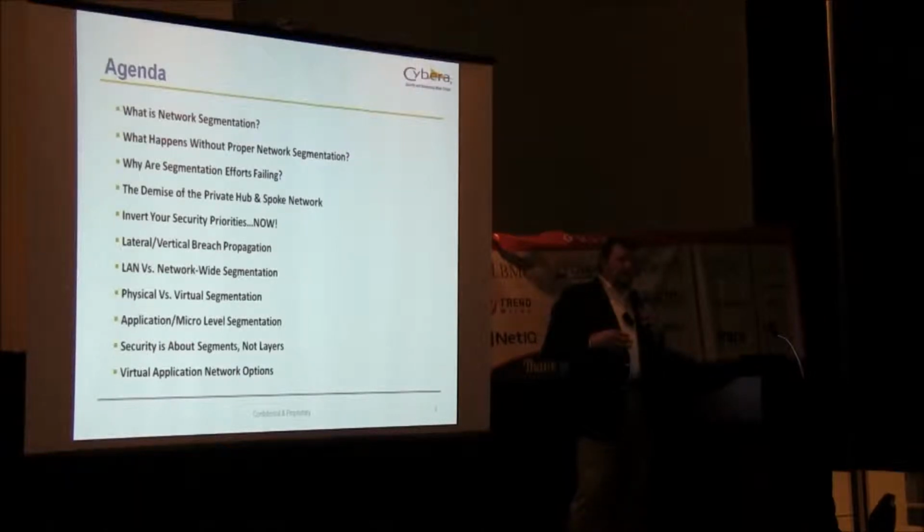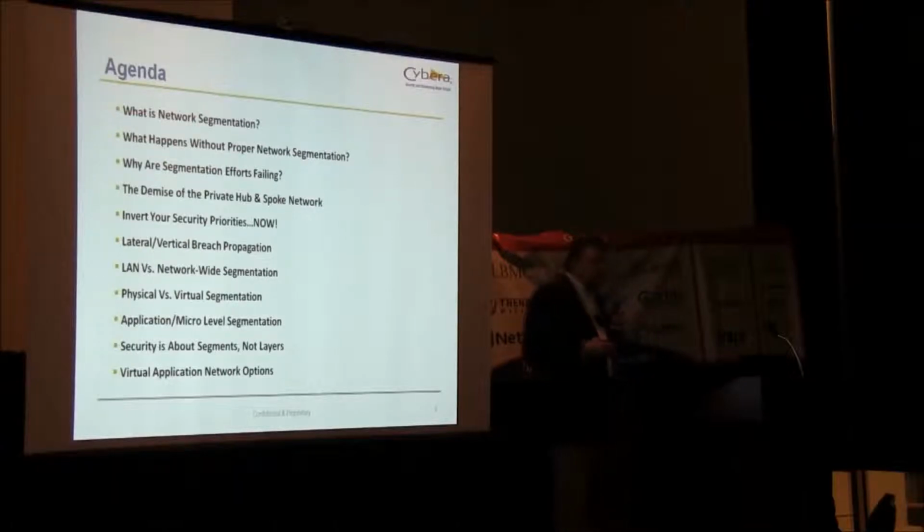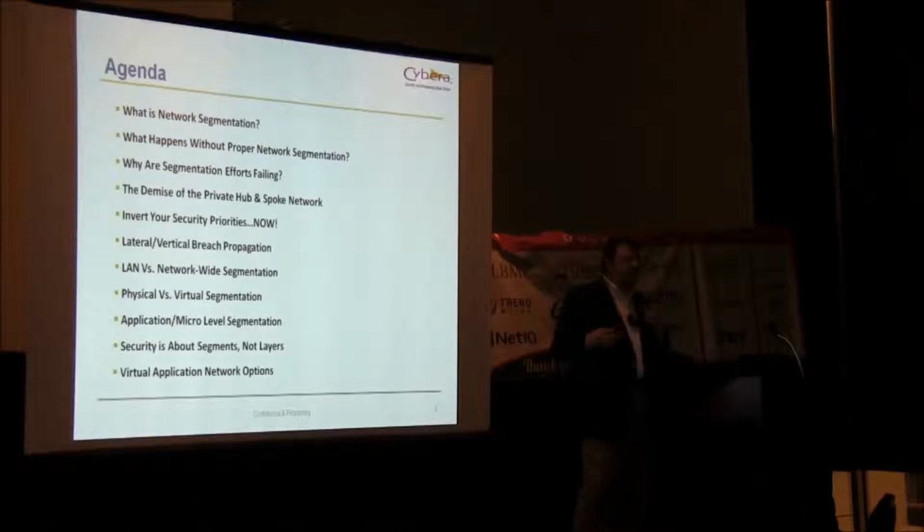Then we're going to get into a couple aspects of the dynamics of segmentation. So, vertical versus lateral breach propagation and how that relates to segmentation. LAN versus network-wide segmentation, and physical versus virtual segmentation. And then application or micro-level segmentation, and what would be some of the drivers of why you would want to segment at a more micro level in your network.